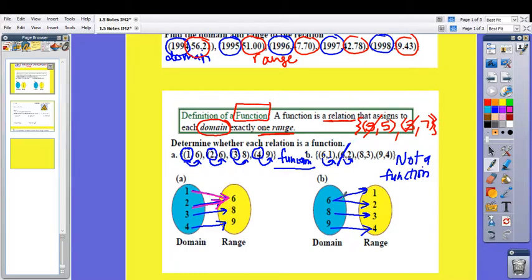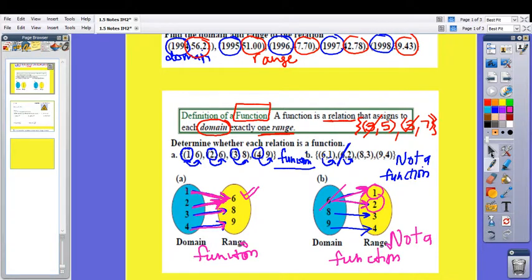What we cannot have is one domain value related to two different range values. So this is not allowed. But if two domain values are related to one range value, that is totally okay. So this is a function because one domain is related to one range value, okay, but this one is not a function because 6 is related to two different range values.